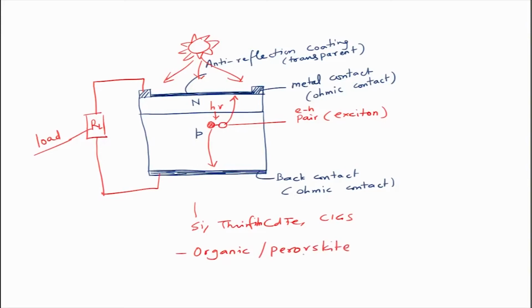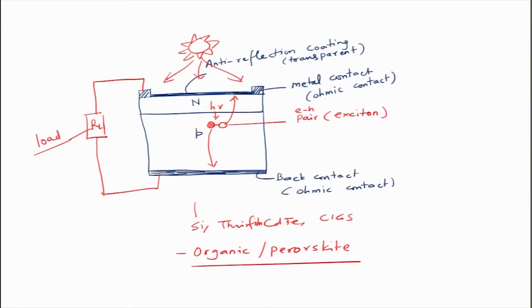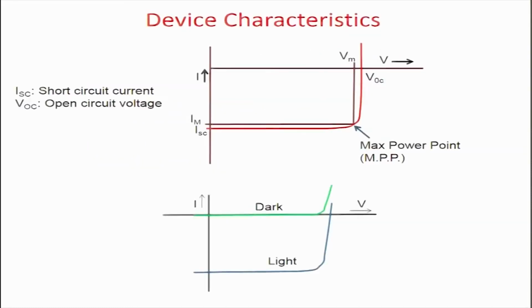In this case, although you have bilayer solar cells also, the typical architecture is where P and N materials are mixed together at microscopic scale, and in between the contacts there are also carrier selective coatings which preferentially allow a certain type of carrier to go through, so holes go preferentially to the anode and electrons go preferentially to the cathode. This is a typical device architecture that we see for a solar cell. Now a solar cell may appear to you like, on the other hand you may have a battery.